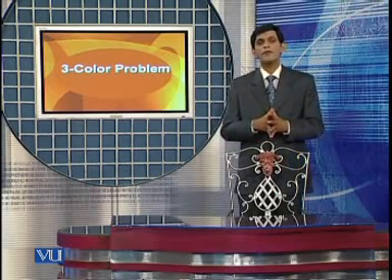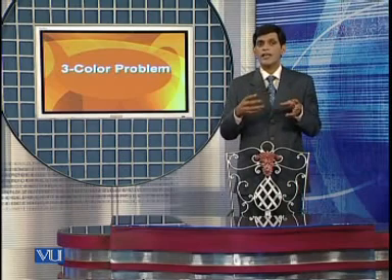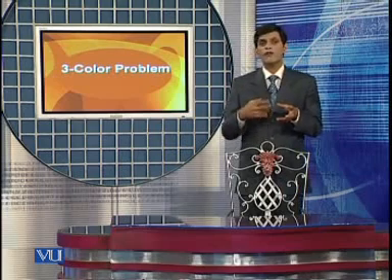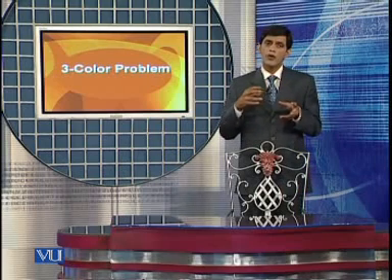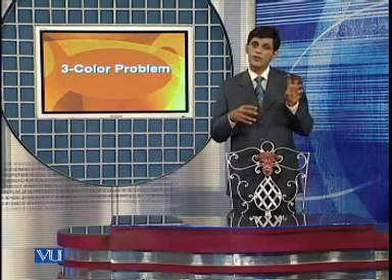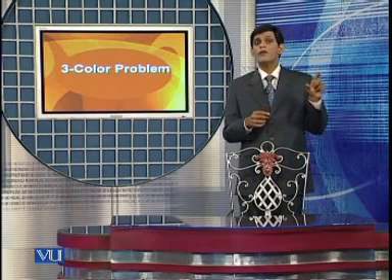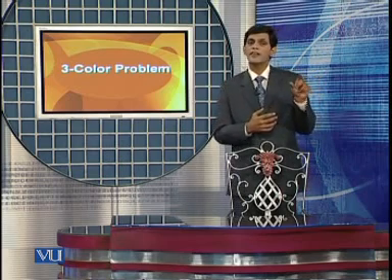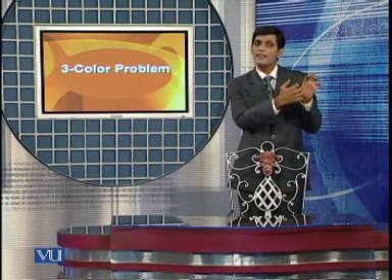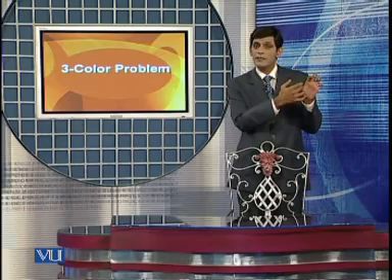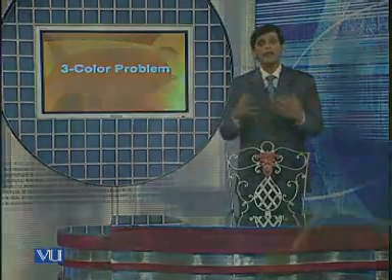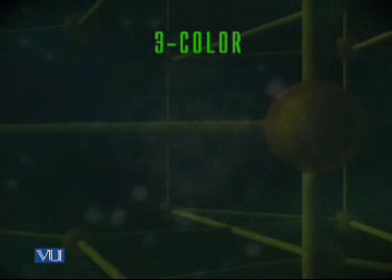On the other hand, if I give you a graph which is four vertices all connected with each other, then there's no way of finding a three coloring, because no matter how you color the graph, since you have four vertices, two of them will get the same color. But since all these vertices are connected with each other, you'll have two vertices connected by an edge and having the same color, which is not allowed. Okay, so some graphs will be three colorable and some graphs will not be three colorable.